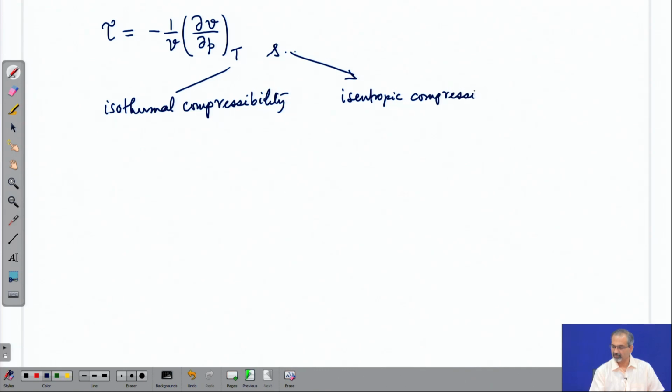So, when the gas is compressed, work is being done on it, its temperature is going to increase. So, to keep it isothermal, we have to extract heat from the gas in order to maintain a constant temperature. While in an isentropic compression, there are no irreversibilities and we allow the temperature to change. Everything is reversible in this case.